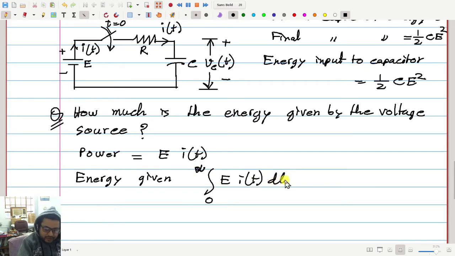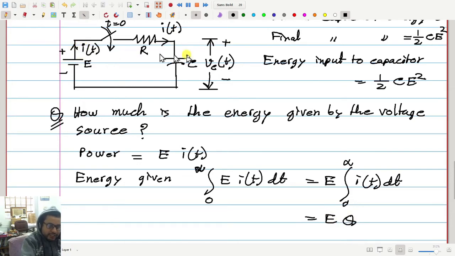Now here E is constant, and if you integrate current, what will you get? Integration of current will be the total charge delivered by the source. So that you can write as E multiplied by Q, where Q is also the same as the total charge received by this capacitor.